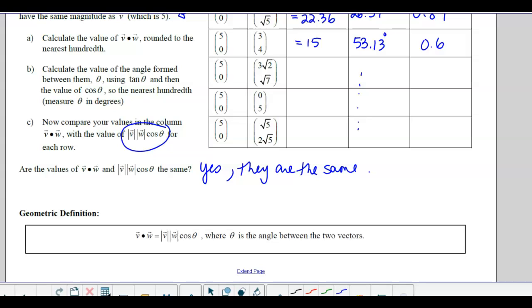Okay, so there's the geometric definition. So this is theta, the angle between them, tails together. The tails don't have to be together, but you have to think about what angle that would be if you needed the tails to be together. So we're going to use that to calculate angles between the vectors.